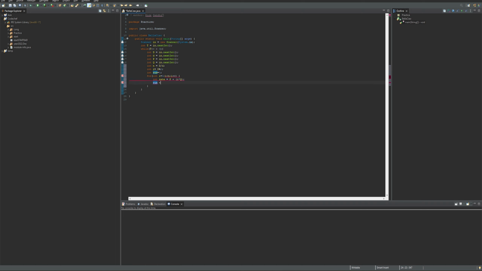Now sum plus equal to d multiplied by rate. Okay, now for the remaining days, we will do sum plus equal to r multiplied by P plus n multiplied by Q. All right, let's print it.